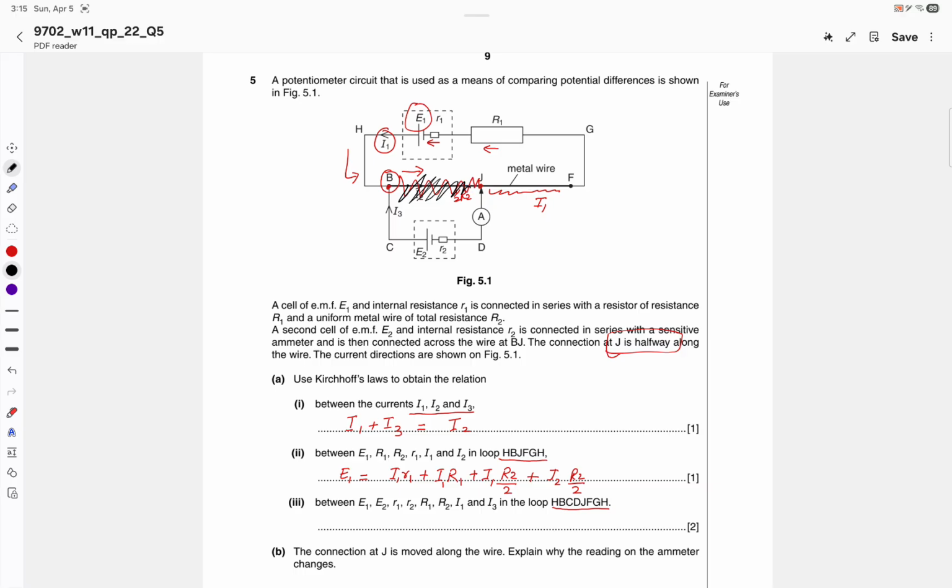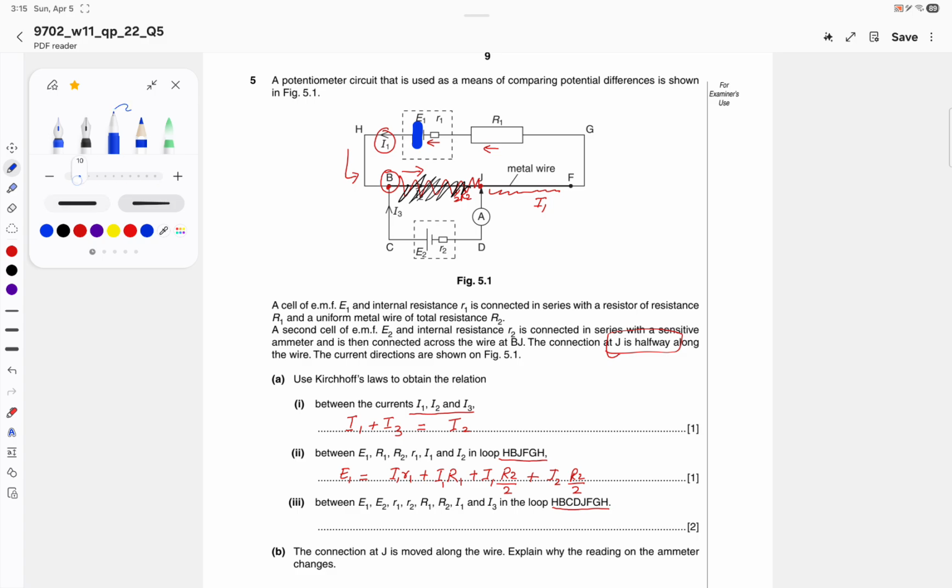The rest of the things are the same, except that in this path we have two batteries. Look at the polarity of the batteries: the positive terminal of E1 and the positive terminal of E2 are both in the same direction.